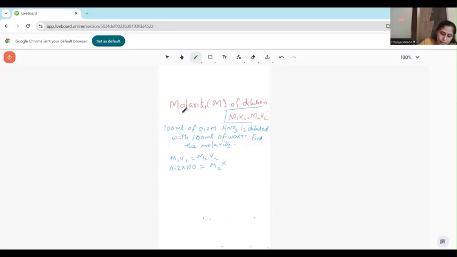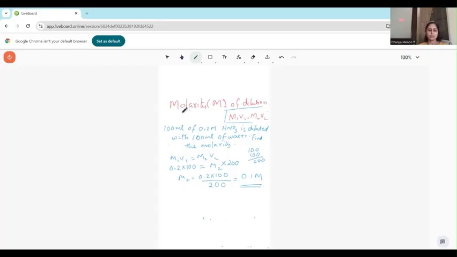Initial volume is 100, you added 100 ml of water, so the final volume is 200, right? So M2 is equal to 0.2 times 100 divided by 200. What does it come to? 0.1 molarity. So if you know the initial molarity and the volume, you can find out the final molarity based on the information, or vice versa.